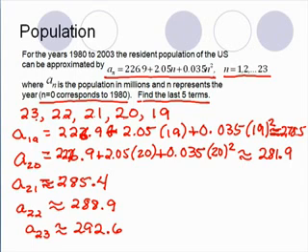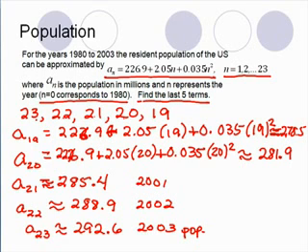And that would correspond to the 2003 population, 2002, and 2001.